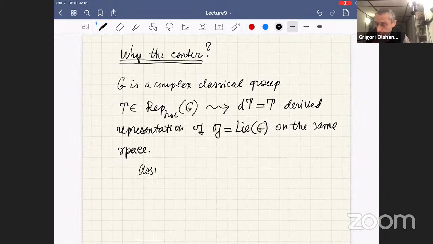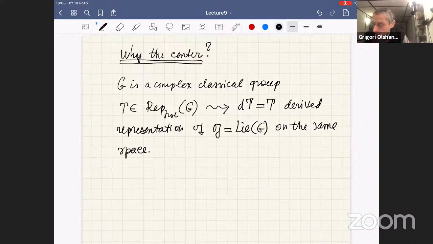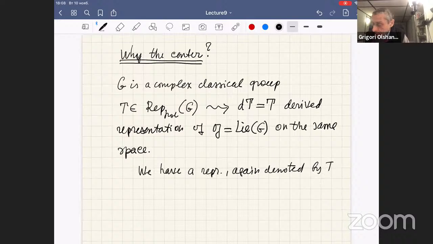So we have a representation, again denoted by T, of the Lie algebra.